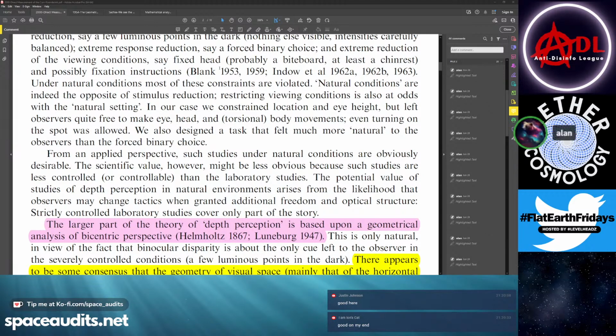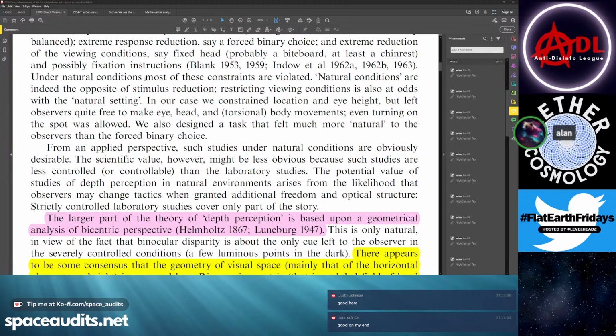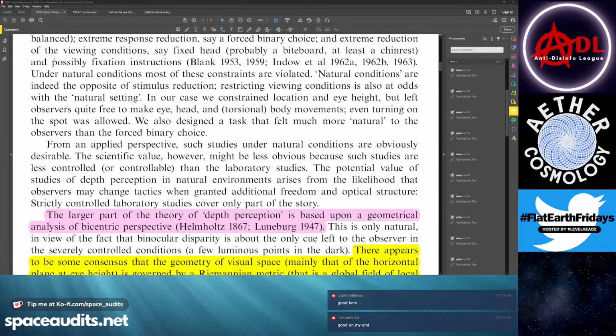If you've ever been to the eye doctor, when you're doing the eye exam, a bite board would be that, I'm assuming, right? You just put your chin on it. So it's basically keeping your head in a fixed position and then monitoring how your eyes move to adjust. And probably fixated on instructions. Possible fixation on instructions.